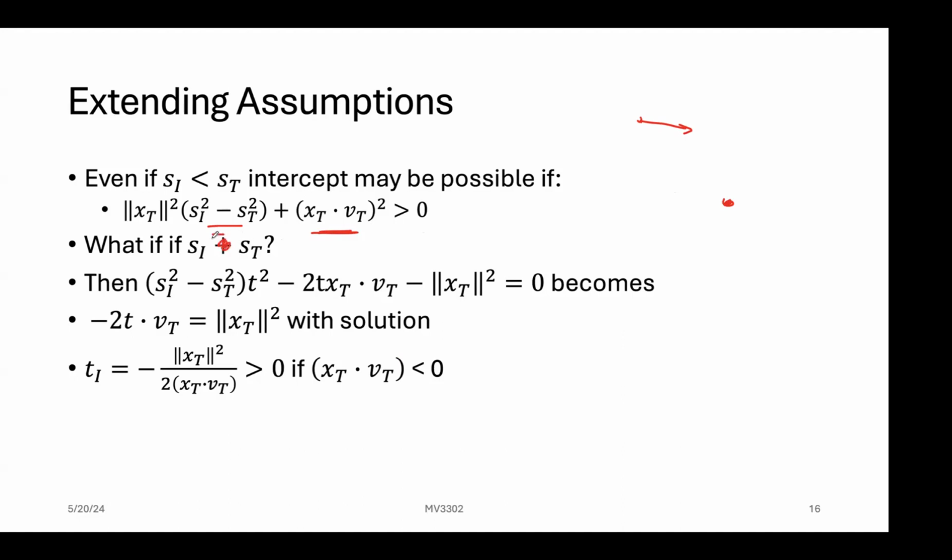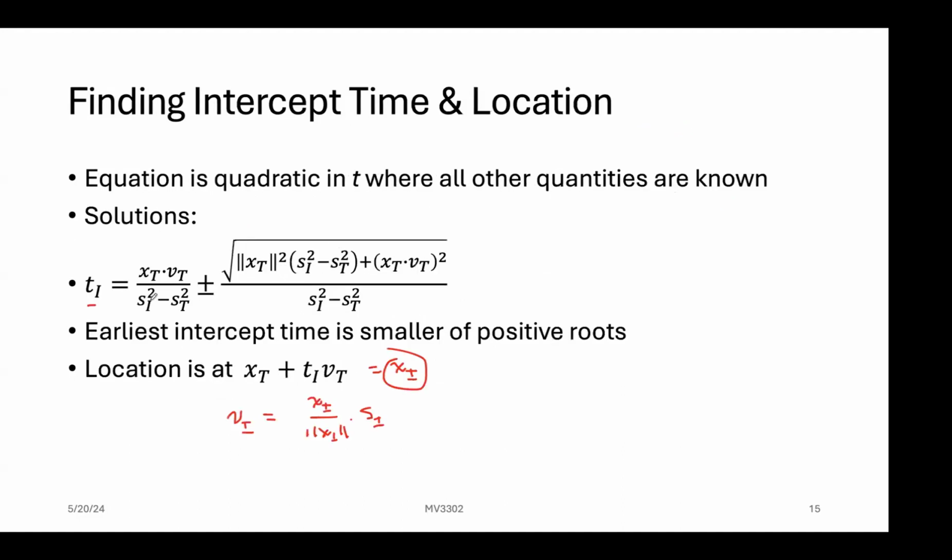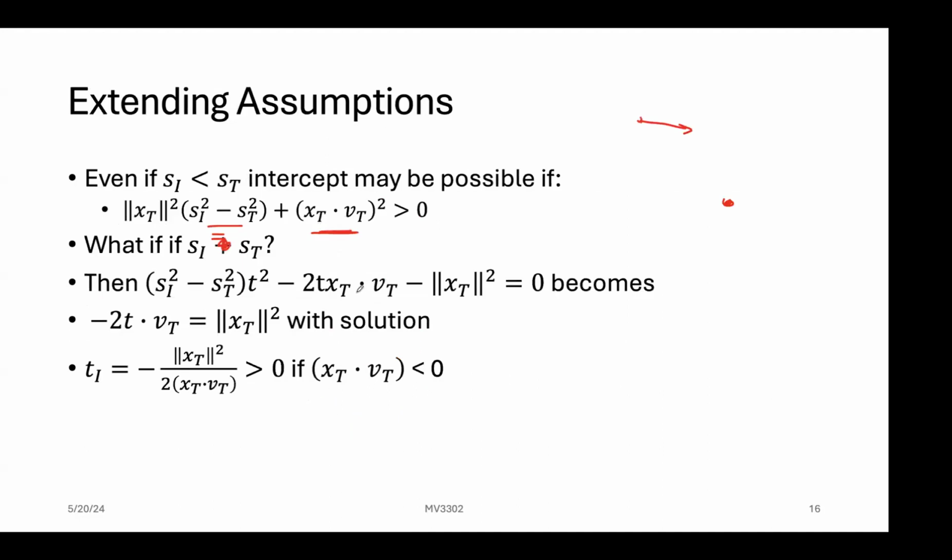What if they're exactly equal? Notice here that the difference was in the denominator, and you generally don't want to divide by 0. Not a good idea. So that isn't going to work, but it turns out things really simplify, because if this is 0, this goes away, and we're just left with this.